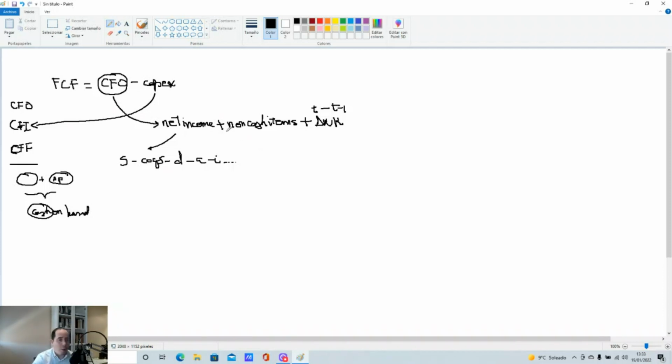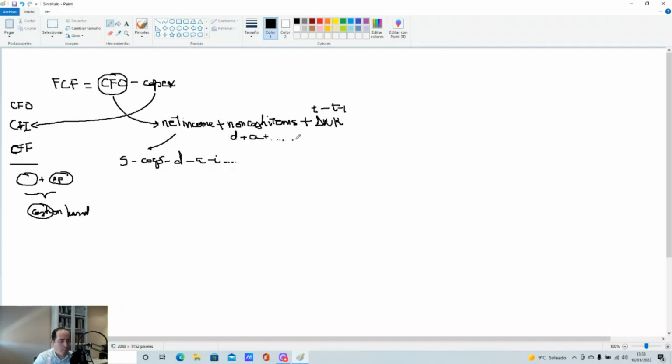And then you will find in your cash flow statements that there are many other non-cash items. Among them, the main ones are the depreciation and amortization. There are others like the stock-based compensation and so forth.